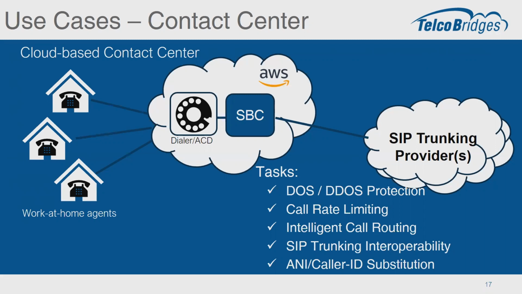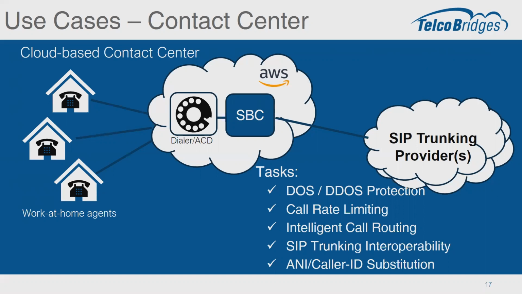These two would find themselves on the same subnet in the same cloud platform, providing interoperability and protection with SIP trunk providers, primarily with DoS and denial of service protection, possibly call rate limiting.